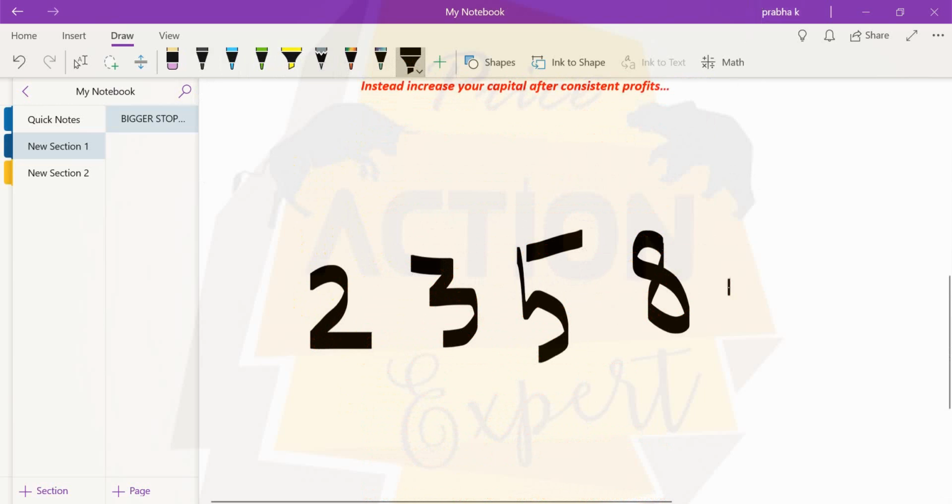Okay, that is your capital. If you place one decimal before the 8, that would be 10%. This is 10% of your total money.